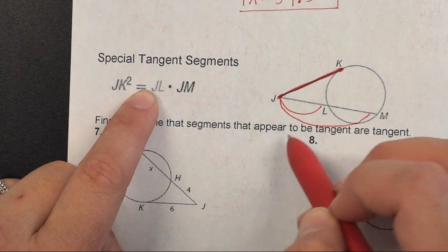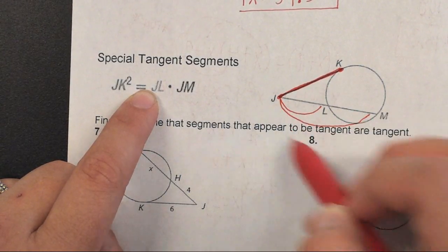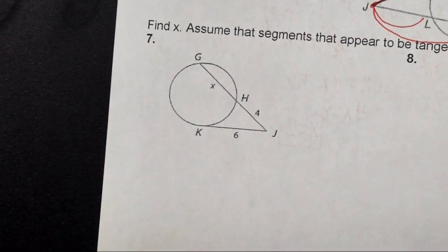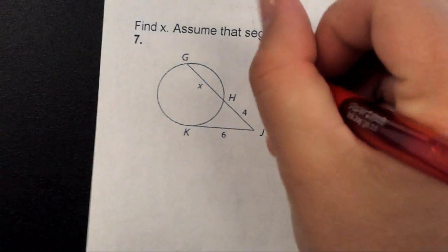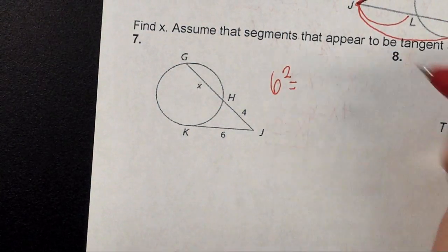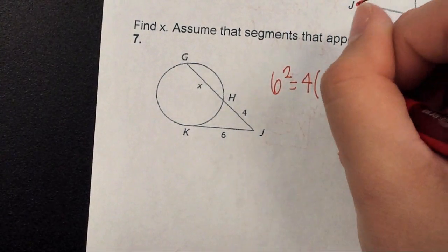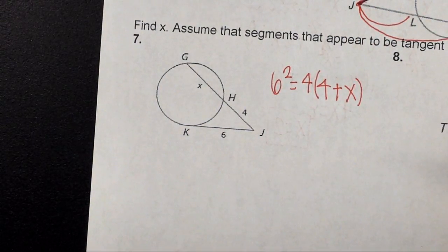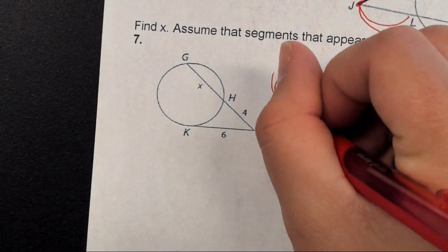JK squared equals the outside times the whole thing. So if you look at number 7, which one are we going to square? What number? 6. So your formula is 6 squared equals 4 times 4 plus x. What's 6 squared? 36.